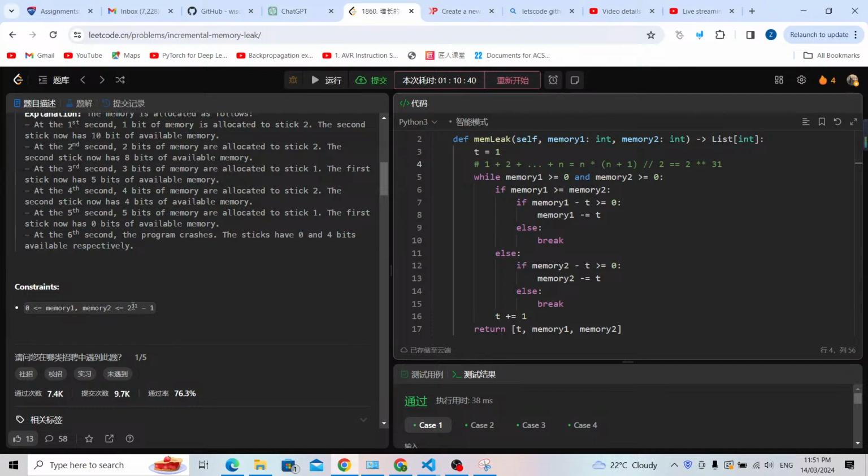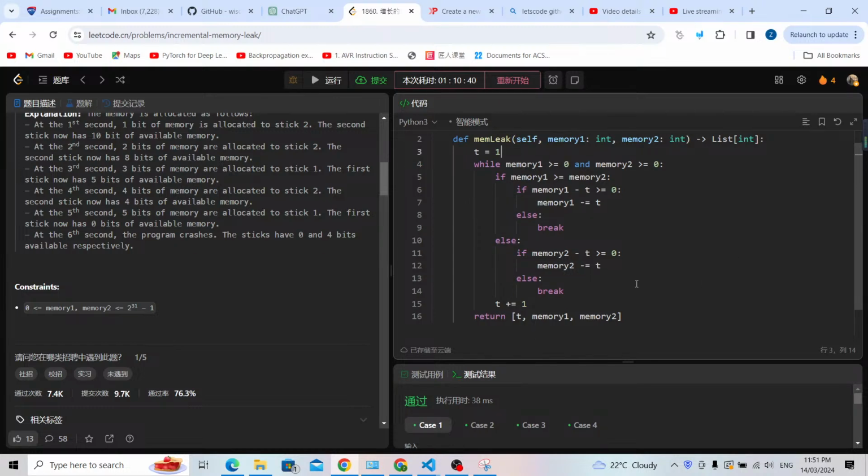If this number is like 10 to the power of 10, the square root is 10 to the power of 5. So this is why we can pass for Leetcode, because 10 to the power of 5 is not a big number. Yeah, so my calculation is just a rough calculation for the time complexity. Actually, if this number is n, the time complexity is the square root of n.